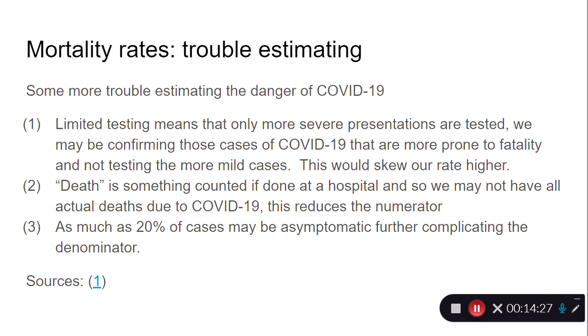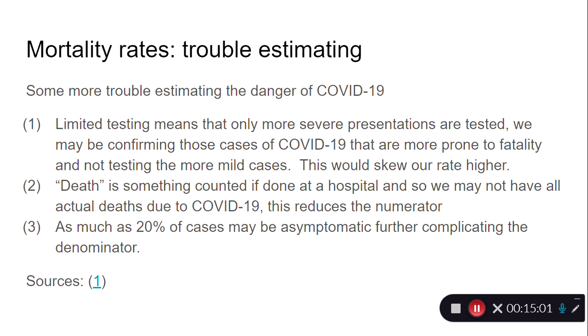If you have mild symptoms, you may just figure you have the flu. But they're really restricting those tests to only those folks who have a severe presentation. It's reasonable to suspect that the conditional probability of death given a severe presentation is greater than a more mild presentation. And so it might be that we're predominantly testing folks who are more likely to suffer complications, which would skew our rate higher.